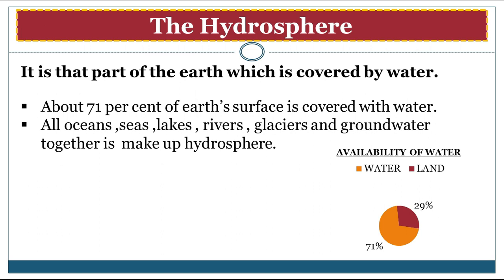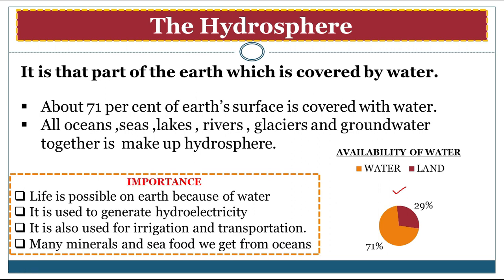You can understand the hydrosphere by this diagram in a better way. Now let's try to understand the importance of hydrosphere in our life. Number one, life is possible on the earth because of water. As you know, without water we cannot survive for a long time.